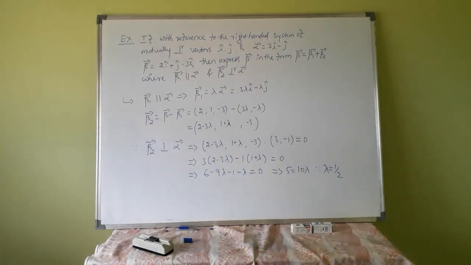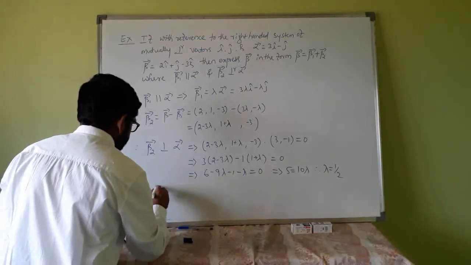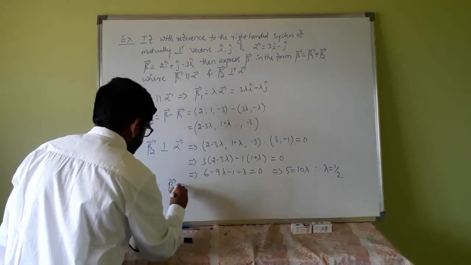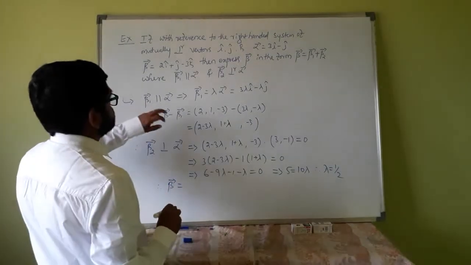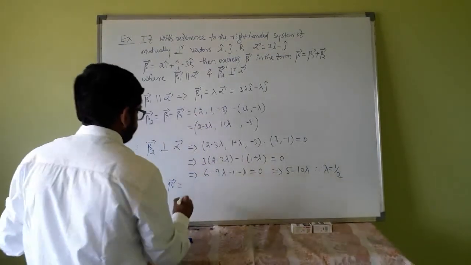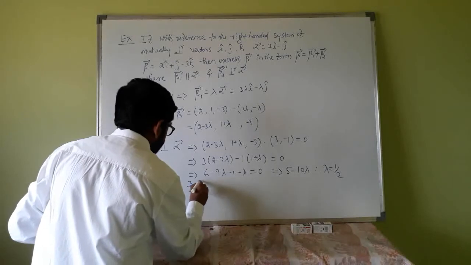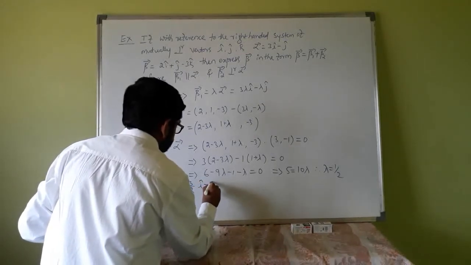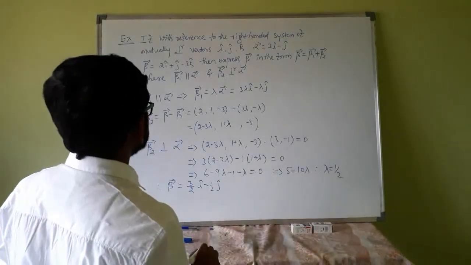Once you know the lambda value, you can directly get beta 1. Therefore, beta 1 is equal to 3 by 2 i cap minus half j cap. Substitute the value of lambda there.